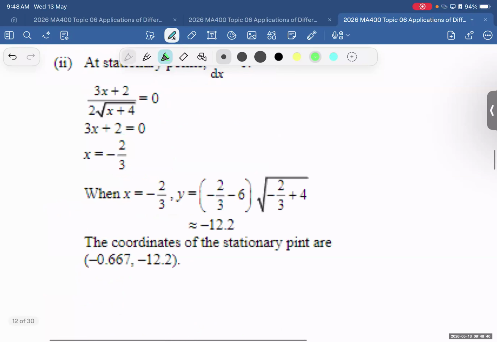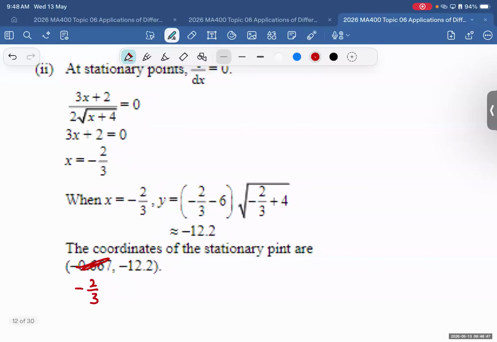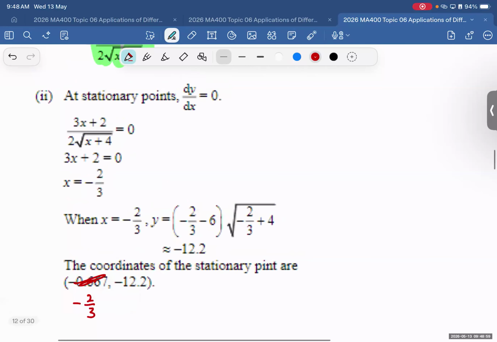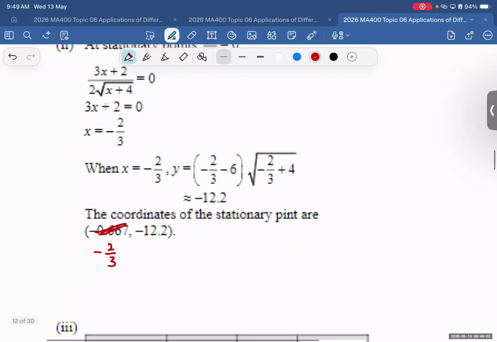Okay, part two, sorry. Negative two-thirds. Yes. Yes, you can. You can. What's the estimated form? Oh, I thought you were going to say exact form.